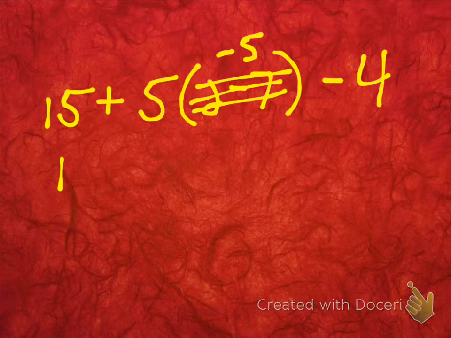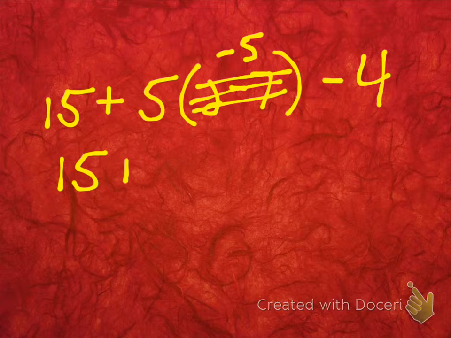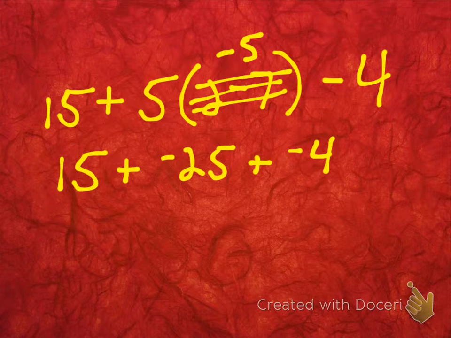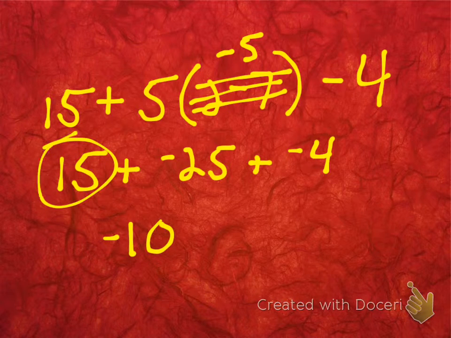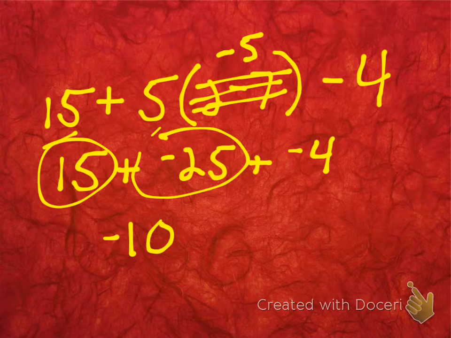Negative 25. Good. So now we have 15 plus negative 25 plus a negative 4. What's 15 plus negative 25? Negative 10. The way you know that is, the signs were different. You had a positive here, you had a negative here. If the signs are different, then you subtract and keep the larger number's sign. 25 was larger, so we kept the negative.